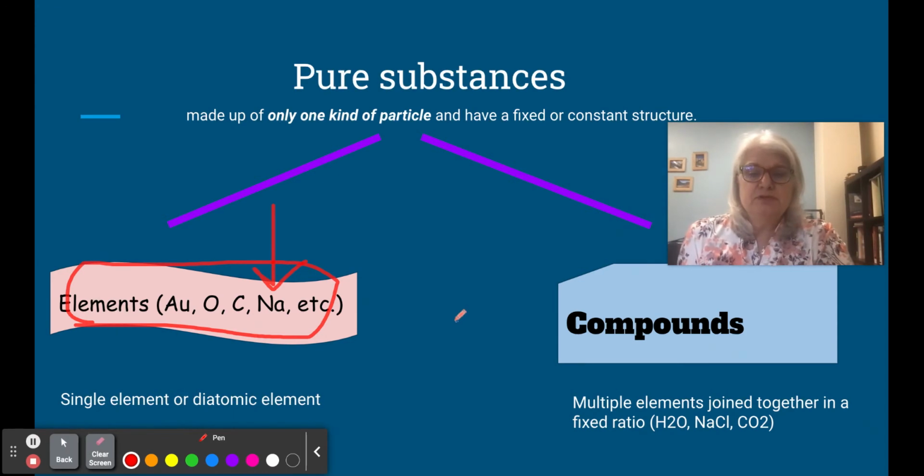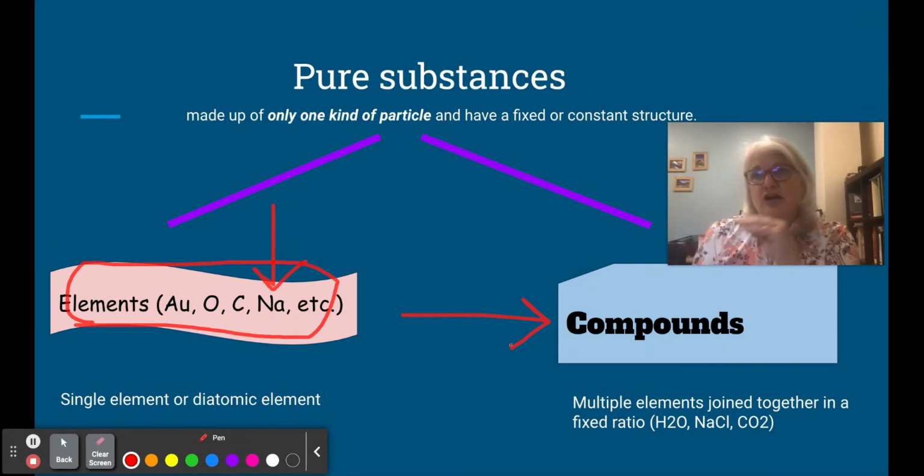But sometimes those elements combine together to create something called compounds. Compounds are when multiple elements join together through a chemical bond in a fixed ratio, meaning the ratio of your hydrogen to your oxygen doesn't change.